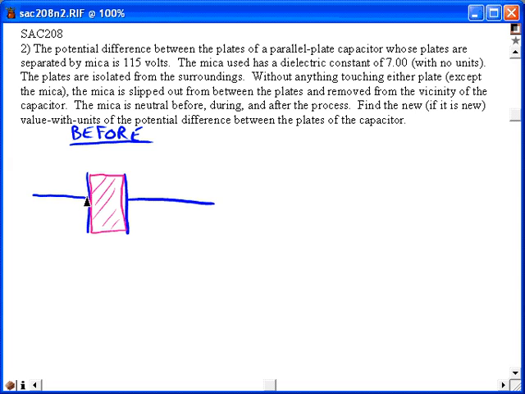That's our before situation. The capacitor has some charge on it. It's got a value of electric potential difference between the terminals of 115 volts.